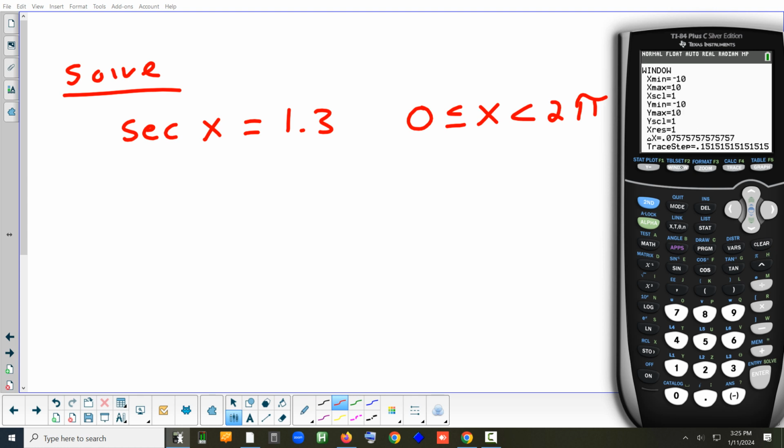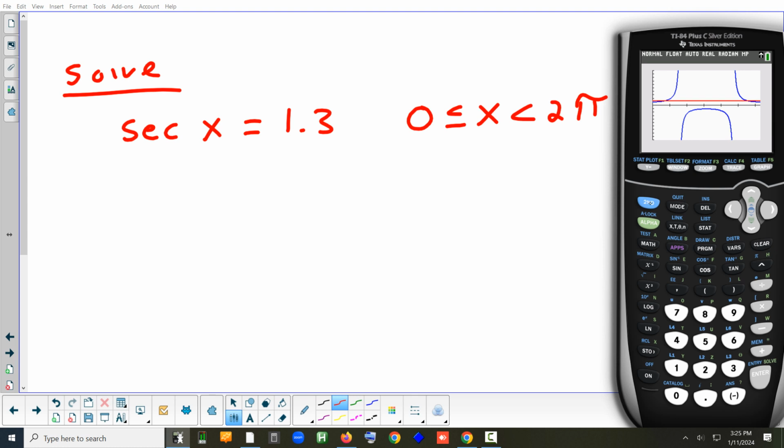And what about my window? You want to make that the x min and max. Yep, so that should be the x min and max. Okay, so take graph. And it looks like we're going to get two answers. It crosses twice.